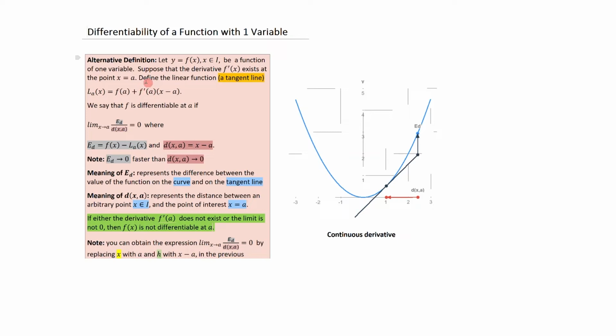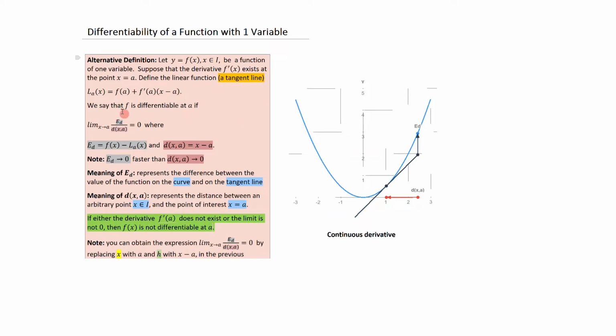And now what we do is define the linear function, which turns out to be the tangent line at a given point a. Define that as being f of a plus f prime of a times x minus a. This is in fact the definition of a line with an intercept and a slope. And this basically passes tangent to a point of interest, which is a point x equals a.